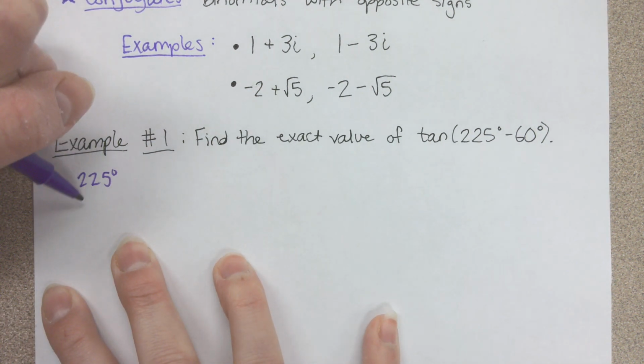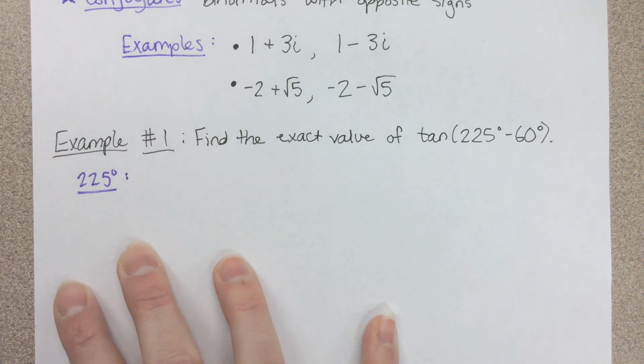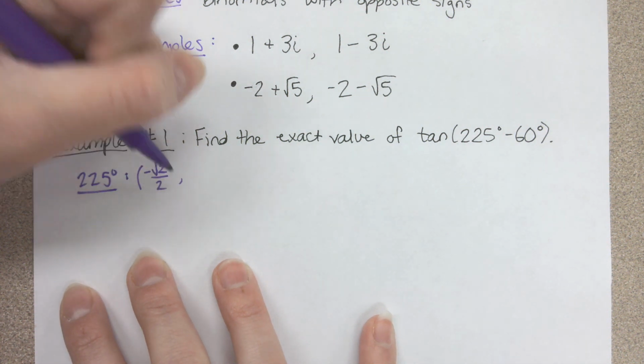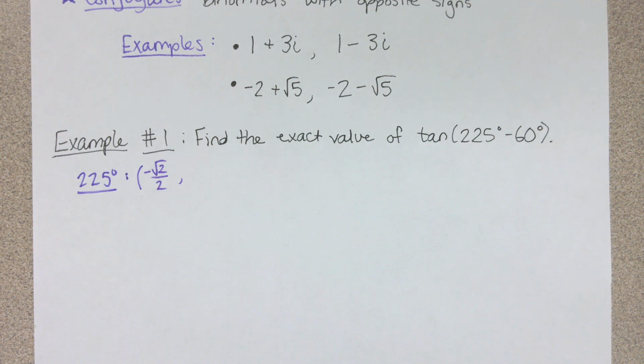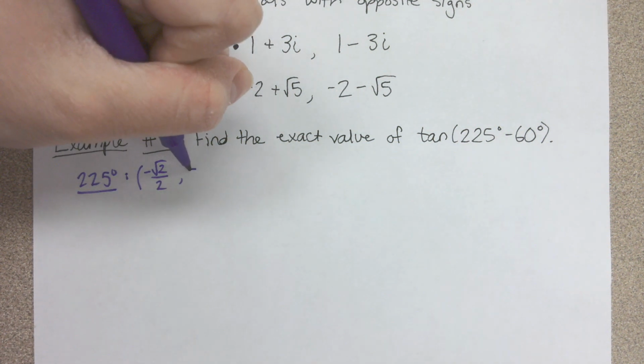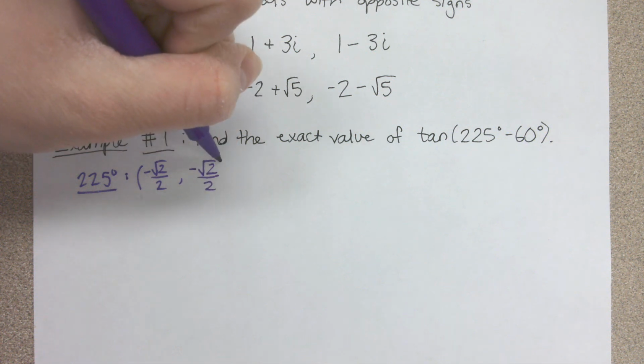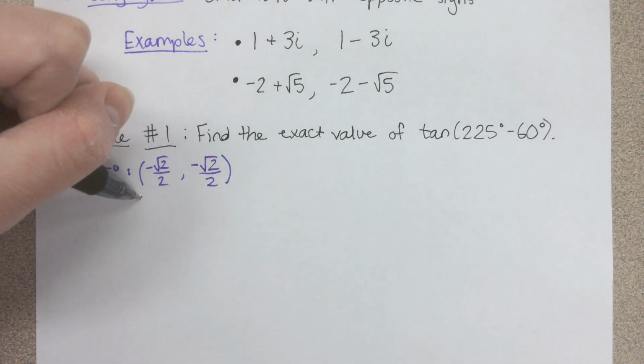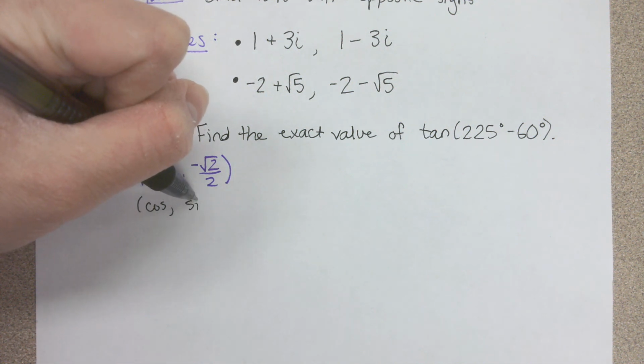225 degrees. The point at that angle is negative rad 2 over 2, negative rad 2 over 2. You can get that from the unit circle. And reminder, this point is cosine, sine.